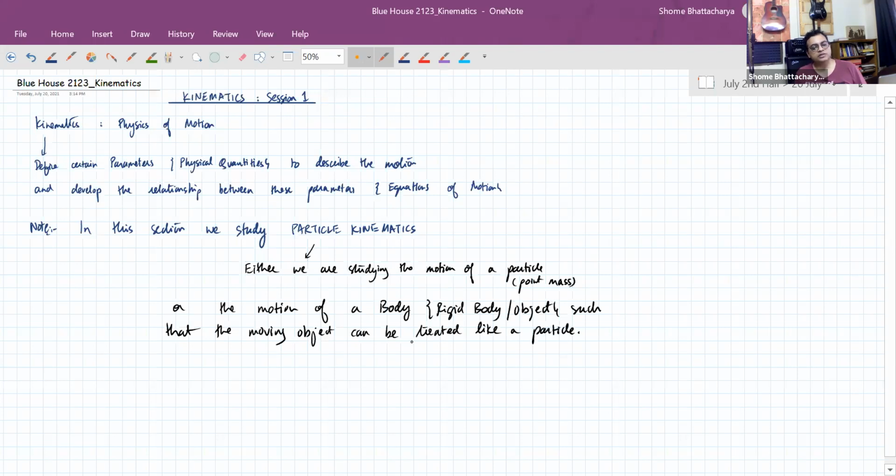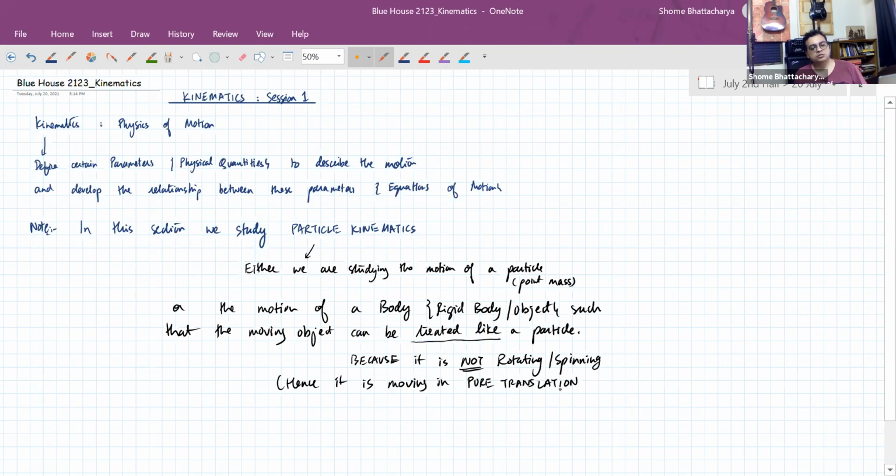Now, one might think, how can we treat a rigid body or an object like a particle? But it can be treated like a particle because it is not rotating or spinning. Hence, it is moving in what is called pure translational motion. There are a few technical terms over here.